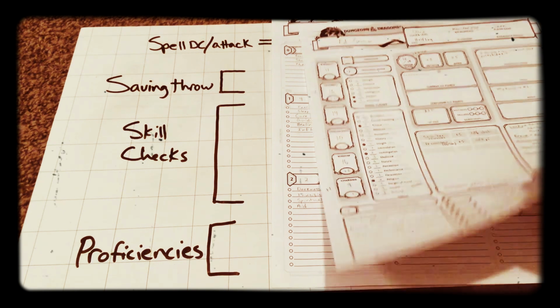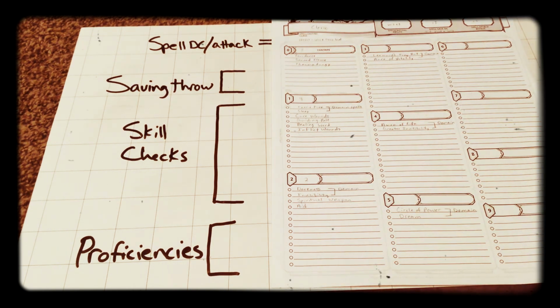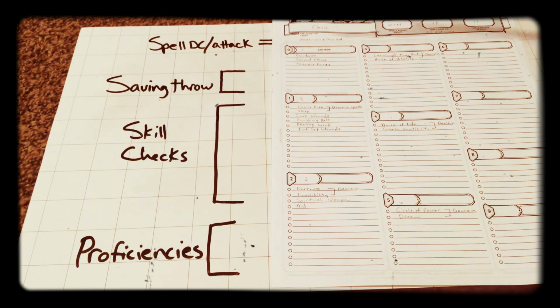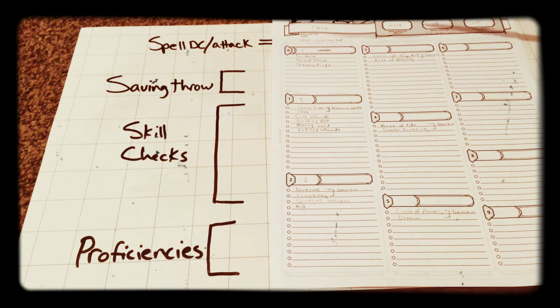Now, on the other hand, if I wanted to cast a fireball, and I wanted to see if they could make a dexterity saving throw against my fireball, they would be rolling against this number here. That corresponds with the saving throw. So anybody who is trying to avoid a fireball that this person cast would have to roll higher than a 13 in order to succeed.